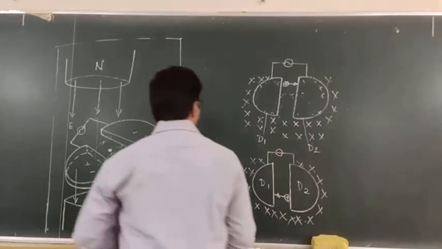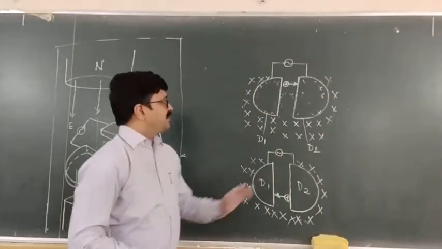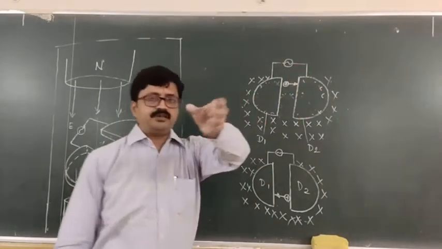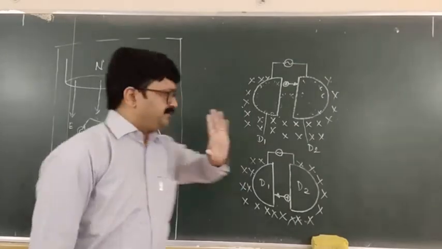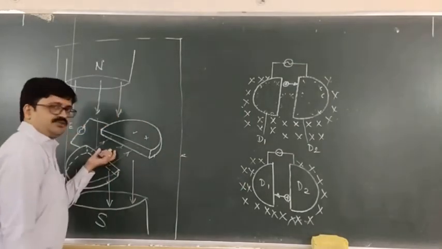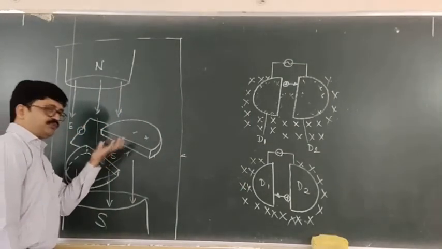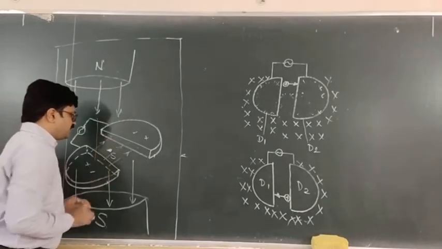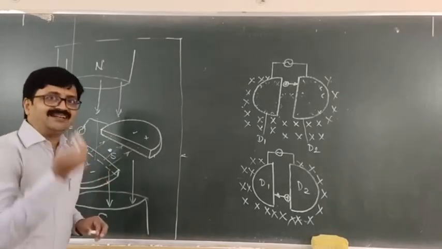So see here, when the alternating electric field is set to a particular value, then a source is placed in between these two D's in the gap, and this source will be supplied with heat energy.